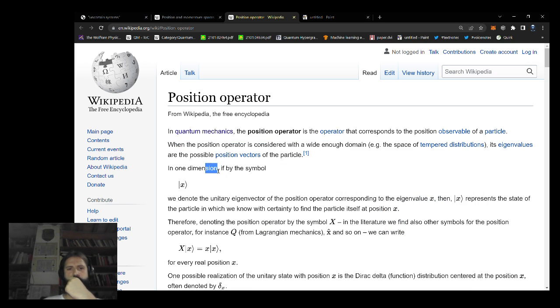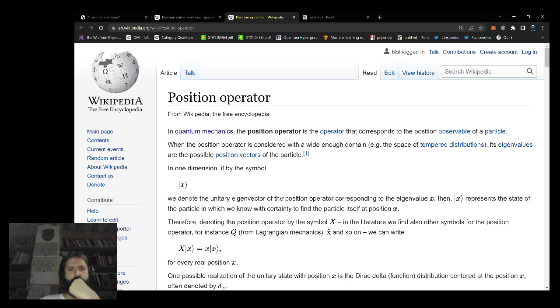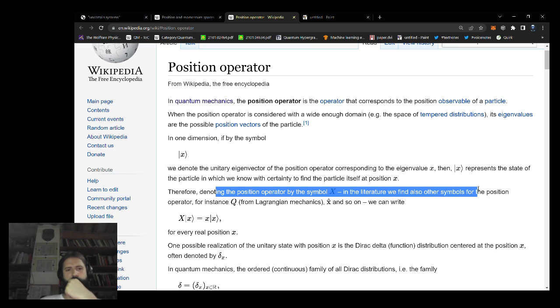In one dimension, we denote by a symbol the unitary eigenvector of the position operator corresponding to the eigenvalue x, and it represents the state of the particle in which we know with certainty to find the particle in position x. In the literature we also find other symbols for the position operator, for instance q from Lagrangian mechanics.